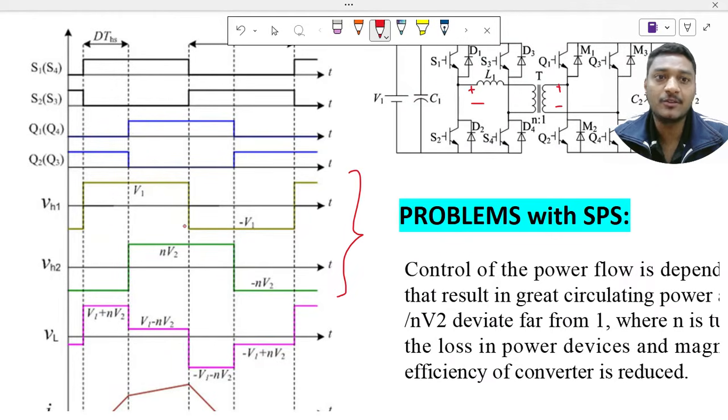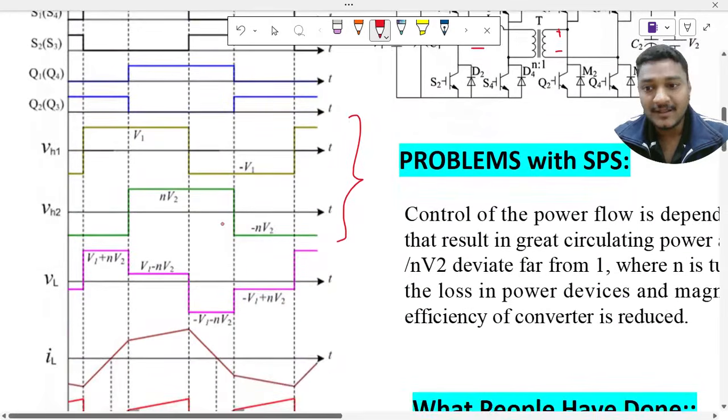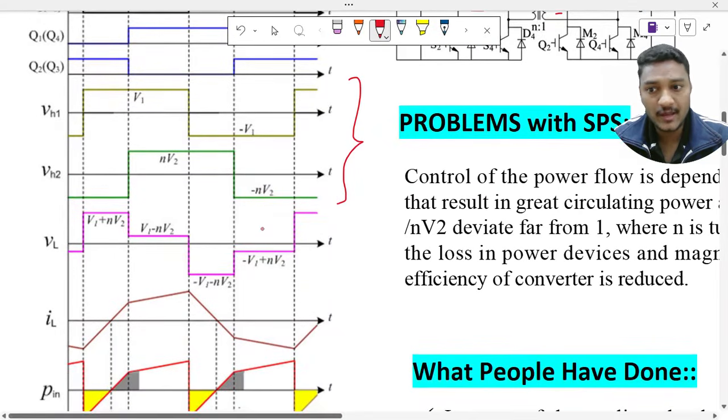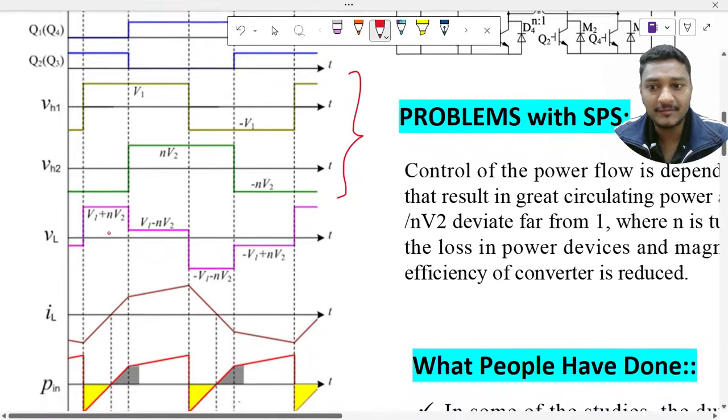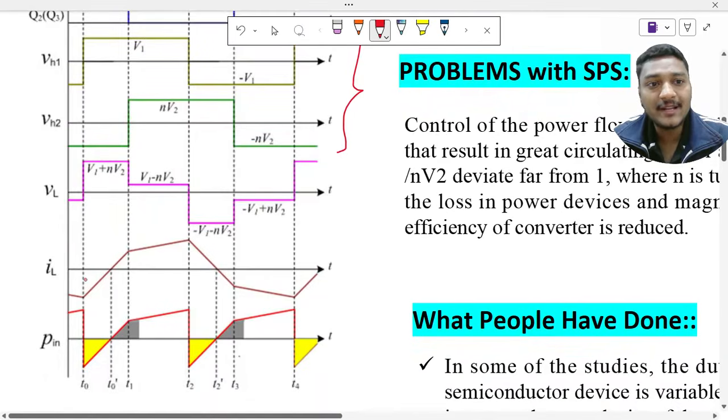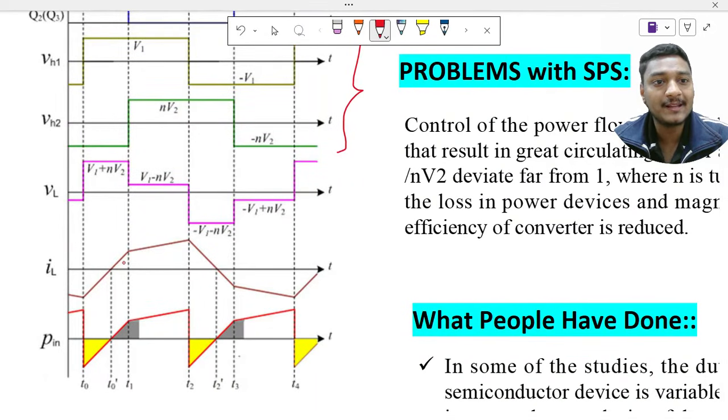Similarly, VH2 has two levels, plus NV2 or minus NV2. Because of this, VL has this kind of nature if we subtract them. That's perfectly fine. Now what is the nature of IL? How to calculate the waveform of IL, that we know.